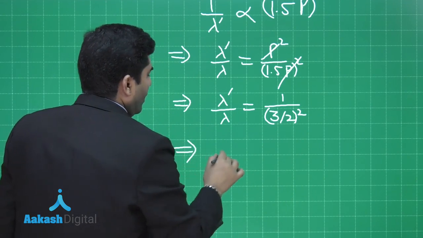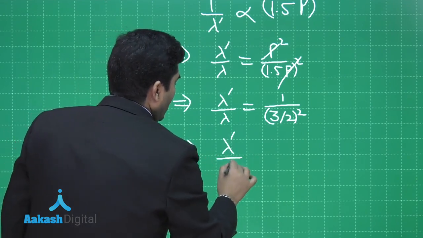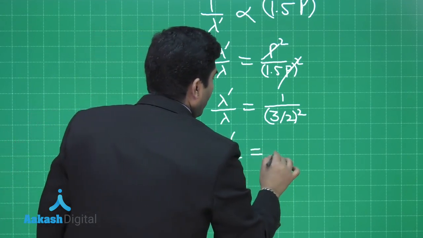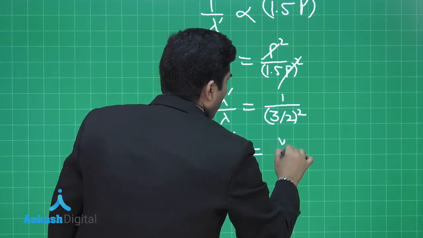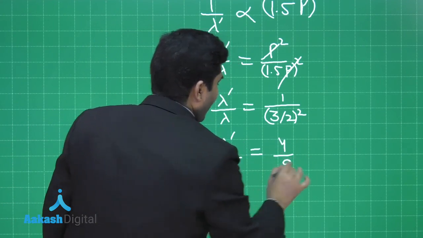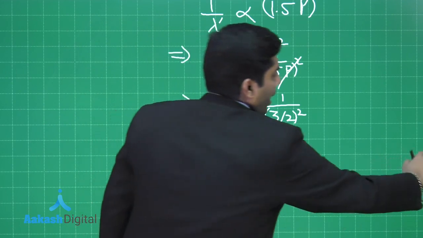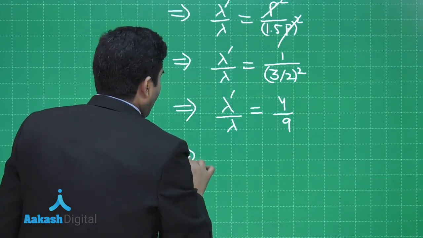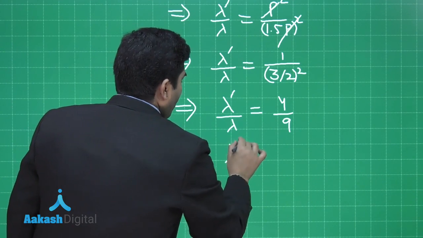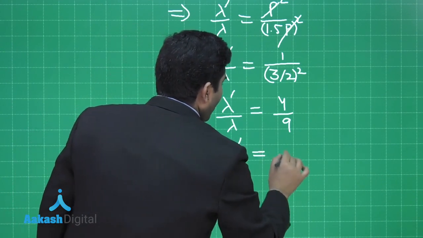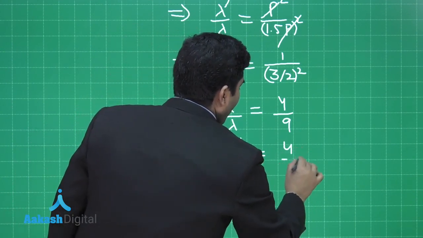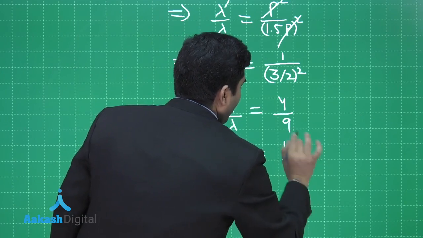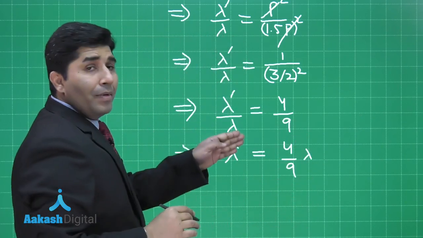And this lambda dash upon lambda is equal to 4 by 9, right? So the wavelength of the new radiation is 4 by 9 lambda. So 4 by 9 lambda is the answer.